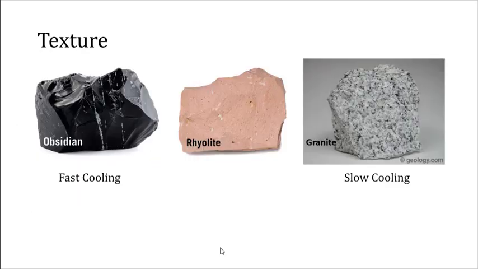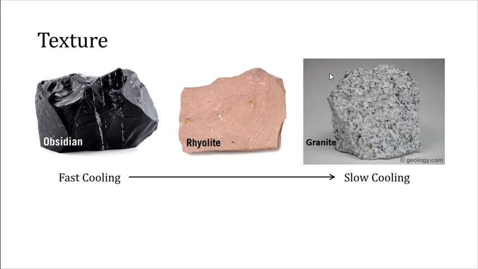Texture looks like this, right? I've got fast cooling obsidian here, and then intermediate cooling rhyolite here, and then slow cooling granite here, right? And remember that this is all about the cooling speed and the location, right?